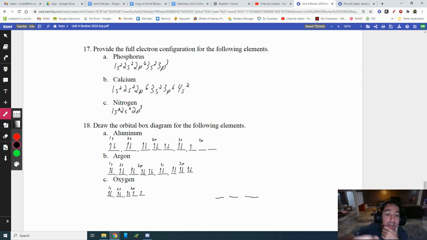Okay, now it has four electrons in it. So if you were to write it one, two, three, four, that would be wrong. We have to fill it out with one electron each before we start doubling up like that. Okay?